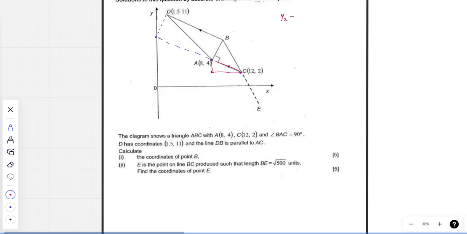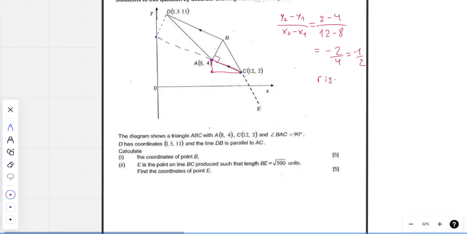So the way you can use the slope formula is you take your y2 minus your y1, divide that by x2 minus x1. So like if I set this as my second coordinate point, it would be 2 minus 4 for the y values and 12 minus 8 for the x values. That would be minus 2 over 4, or minus 1/2.